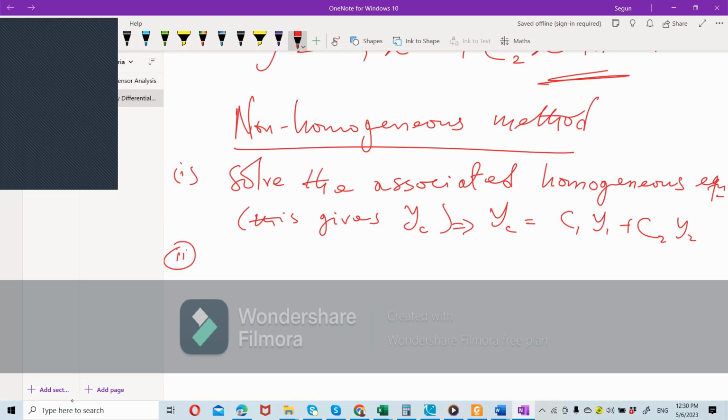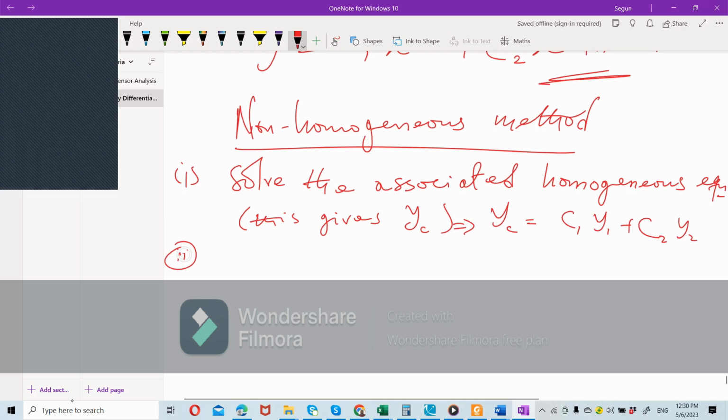Let me use normal figures. This is step 2.